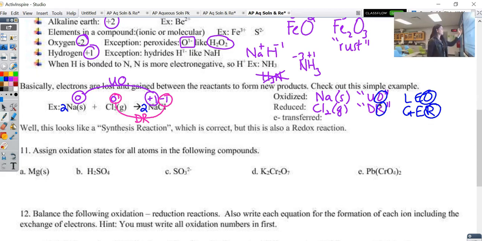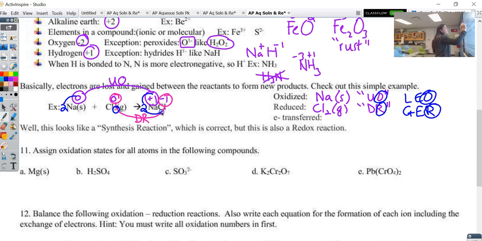But how many electrons? Well, it's actually 2 times 0, which is 0. That's easy. And my Na went to 2 times 1, which means the sodium actually lost 2 electrons total when this reaction ran per mole, okay? Now the Cl2 went from 0 to -1, but it is 2 chlorines going from 0. 2 times 0 is still 0.